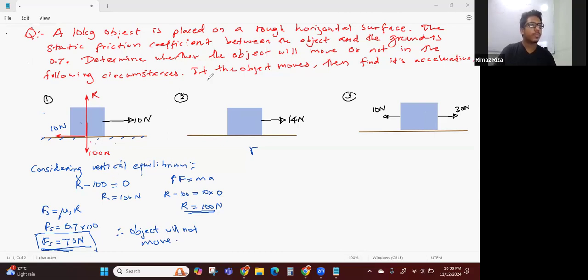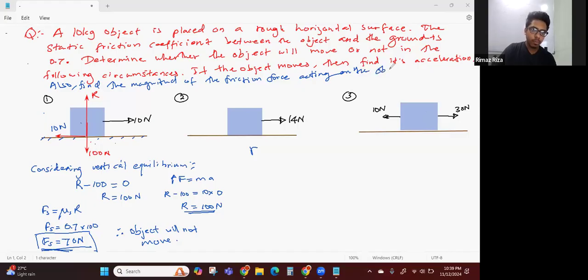Also, I should have mentioned, also find the magnitude of the friction force acting on the object. I think it's better. So here the friction force F equals 10 Newton.